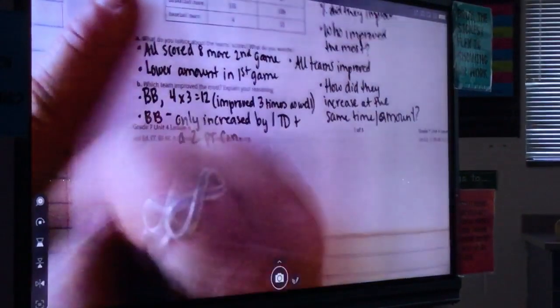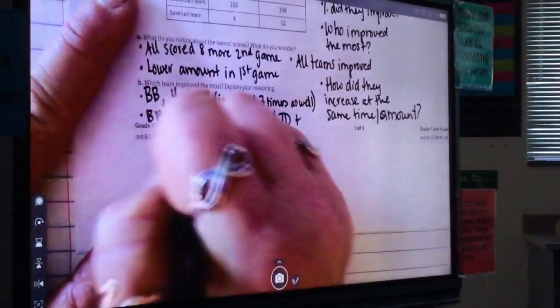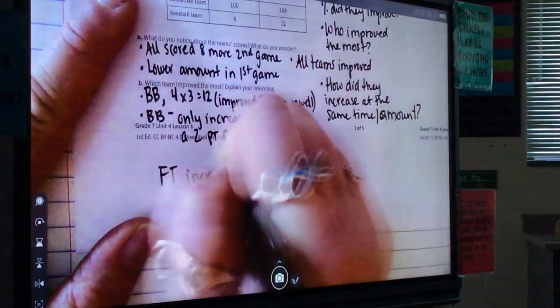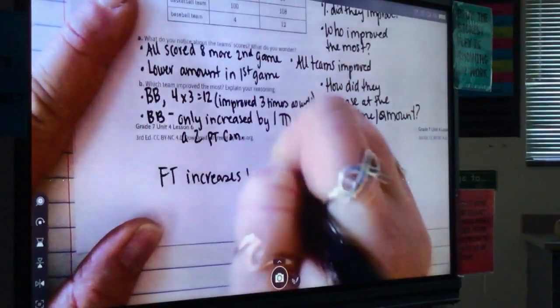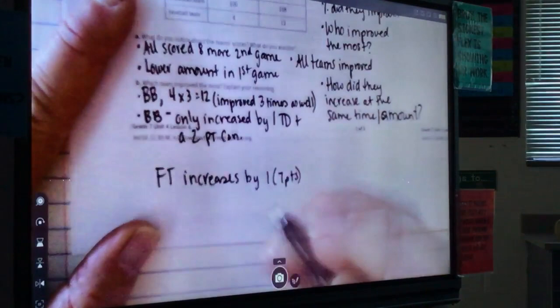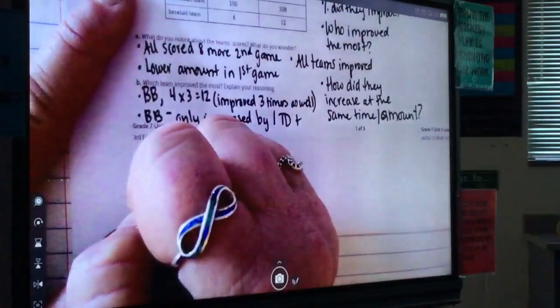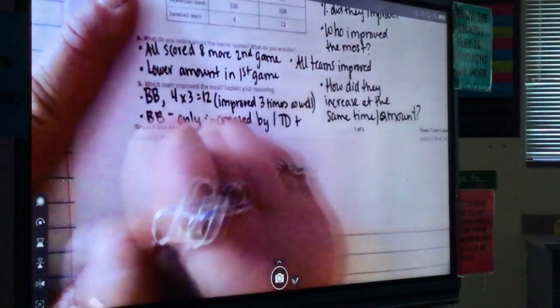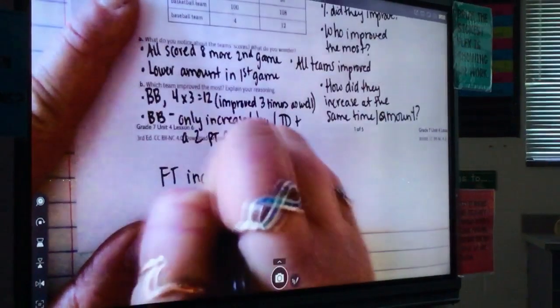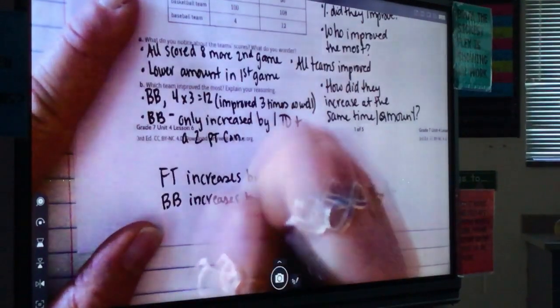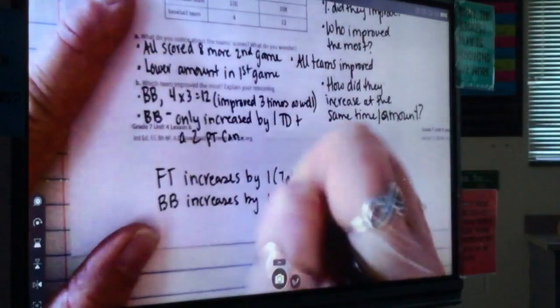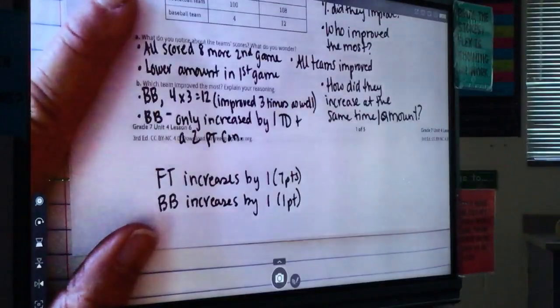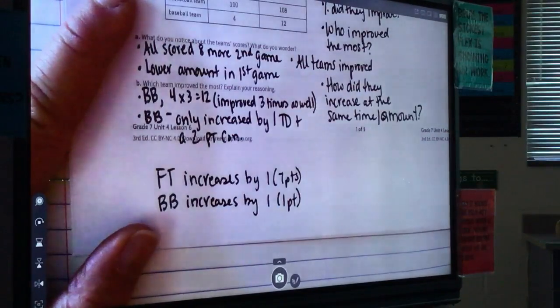Okay, so football increases by 1, but it's 7 points. Baseball increases by 1, and it's 1 point. Well, doesn't basketball increase by 1? Basketball has 2 pointers, 3 pointers, and a free throw.